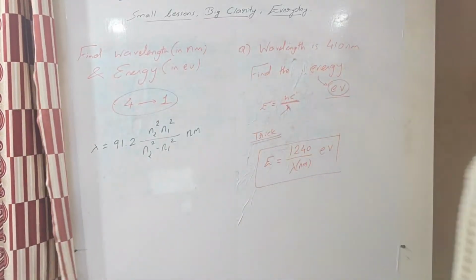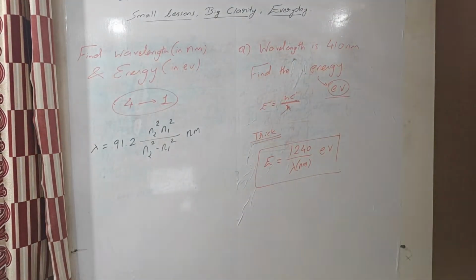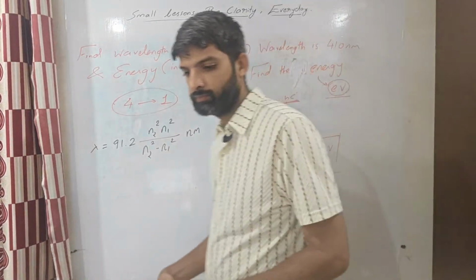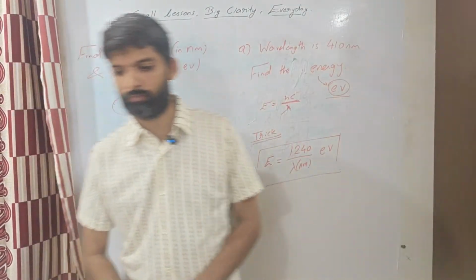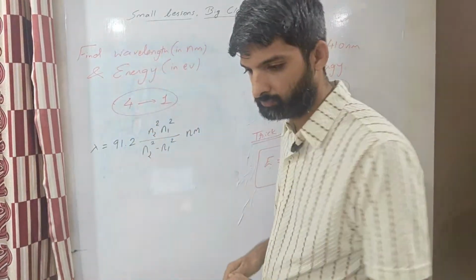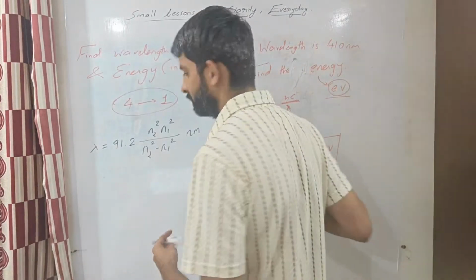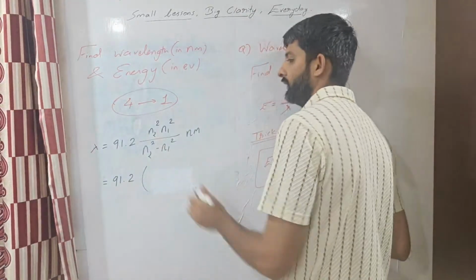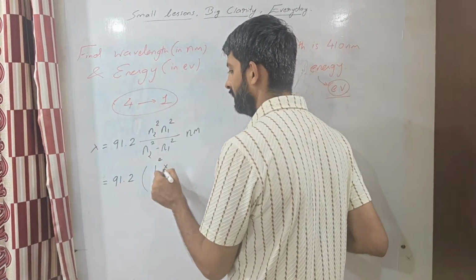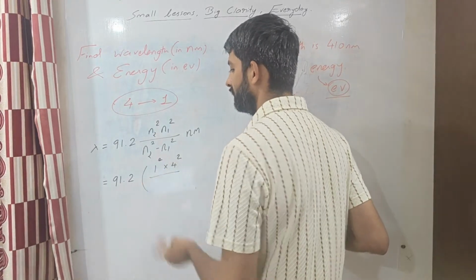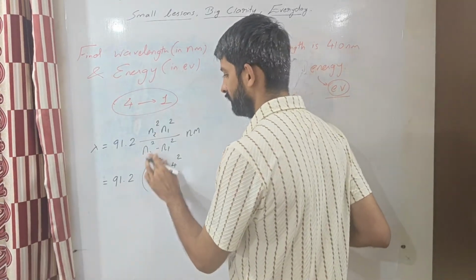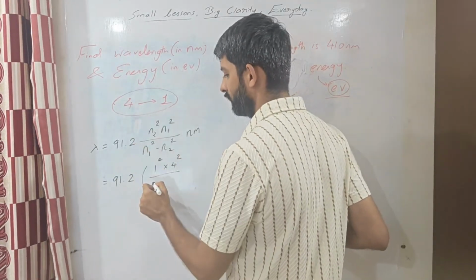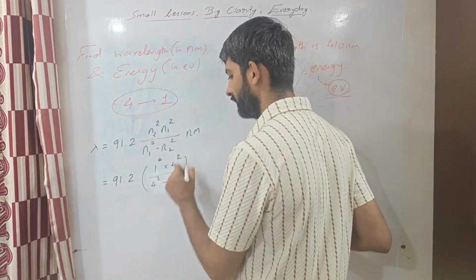Just put the values, you can solve. So 91.2 into n1 square, that is 1 square, into 4 square, so it is 4 square minus 1 square.